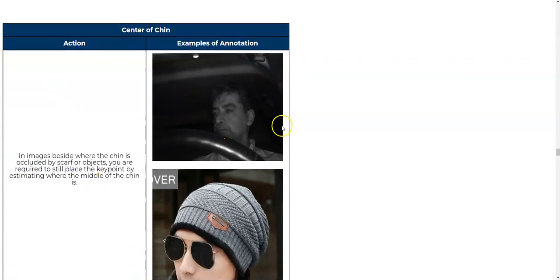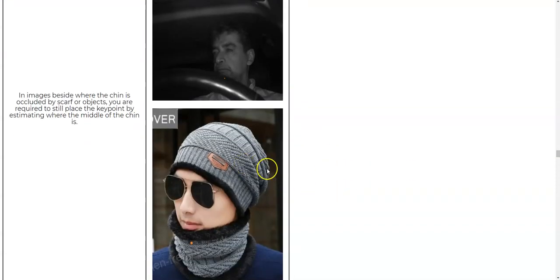Sometimes the driver will be blocked by the steering wheel and the chin will not be visible for us to annotate. In cases like this, you are required to just make your best estimation. Just follow the jawline and estimate the center of the face and then annotate the key point for it.